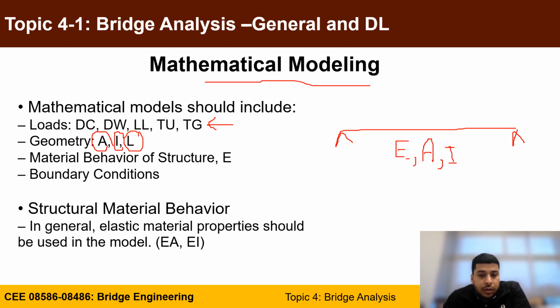You also need to get the boundary condition that you have: hinge, fix, or roller. So in general, the two quantities EA and EI govern your axial deformation and flexural deformation.